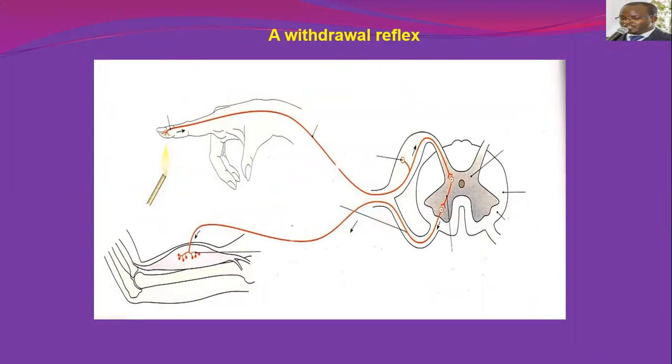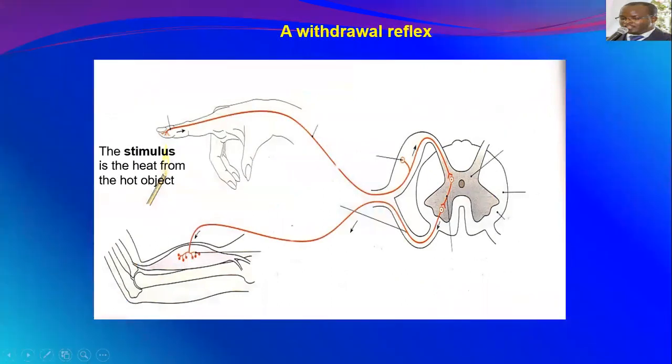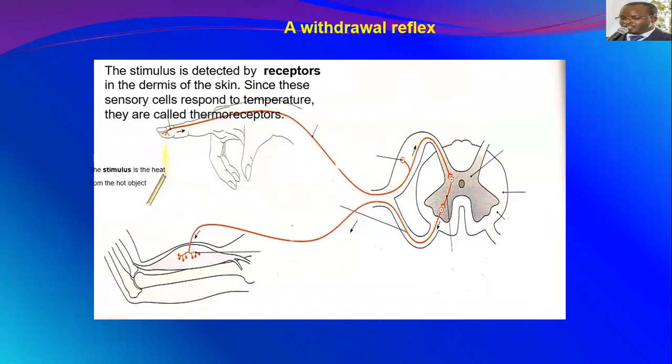A typical example of a reflex mechanism is a withdrawal reflex. For instance, if there is a noxious stimulus that will cause pain, the stimulus is the heat from a hot object. Once there is heat, the nociceptors will be stimulated.